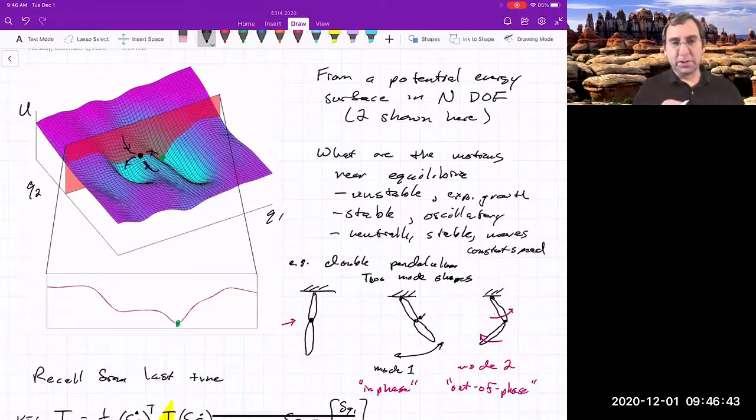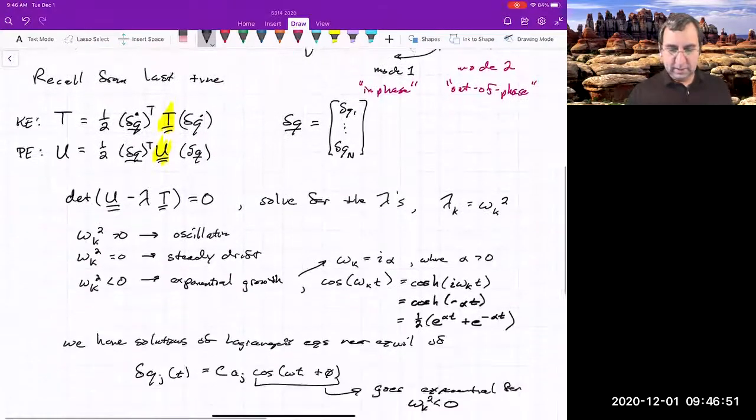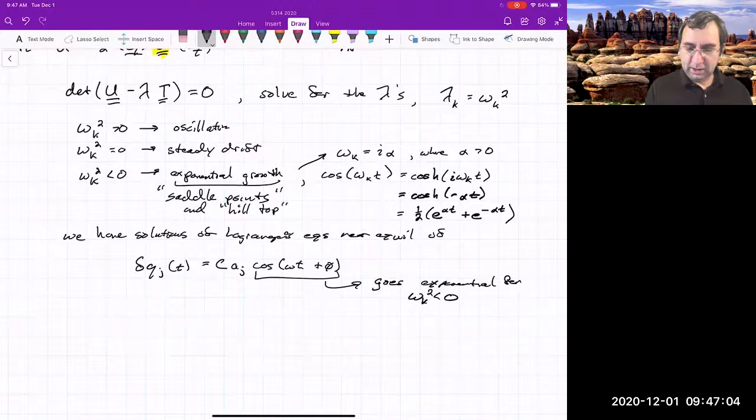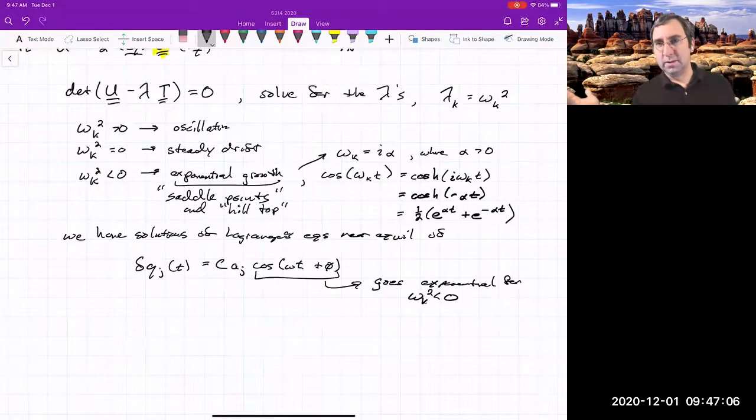The unstable direction will give rise to exponential growth of any small perturbation in that direction. So exponential growth has to do with saddle points, and actually hilltops. If you have a hilltop of the potential energy surface, then all directions are exponentially growing.